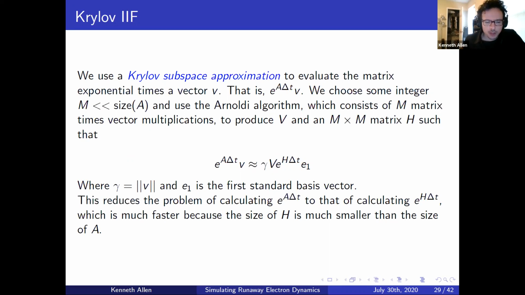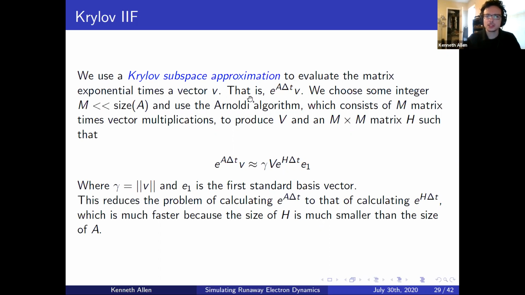Oftentimes, the error between this matrix exponential approximation and the exact matrix exponential will be large as we increase M, but then we'll hit a sort of critical M where the error goes down, and then we won't get much more improvement from increasing M. So around this choice of M, where the error goes down, is around where we should choose M.